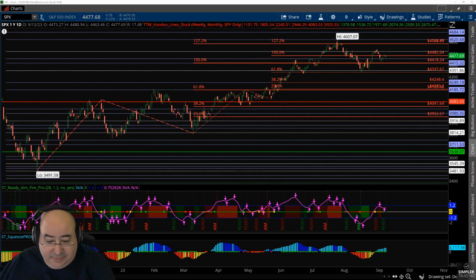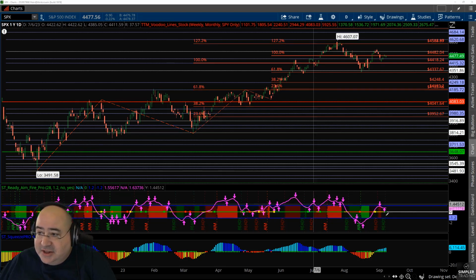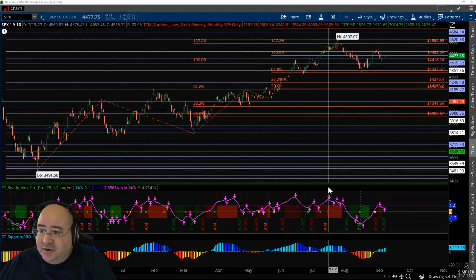So my overbought and oversold levels are at 1.2 and negative 1.2. You can widen them out and reduce the number of signals. They'll be better signals if they come from further away from the center line, right?